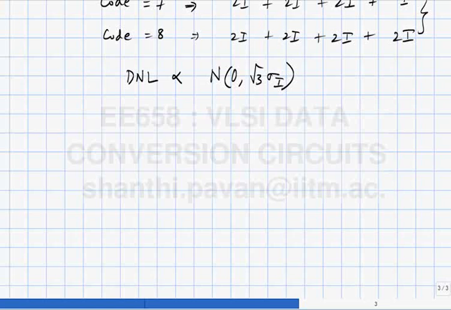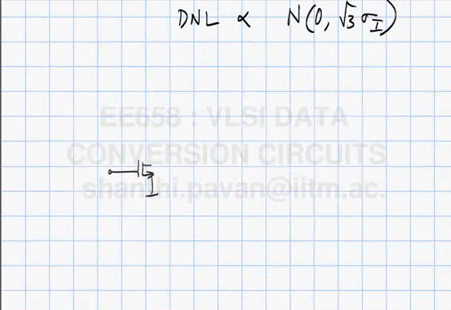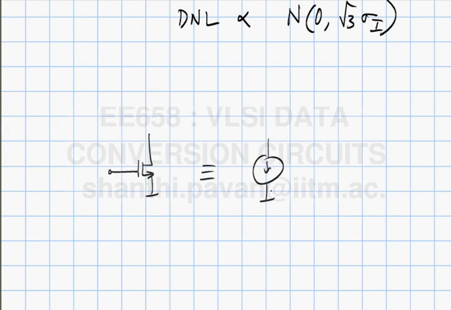Unfortunately, it turns out that it's not just random error. This all comes under random mismatch of current sources. In practice, the current sources in the simplest case are realized using a MOS transistor operating in saturation.